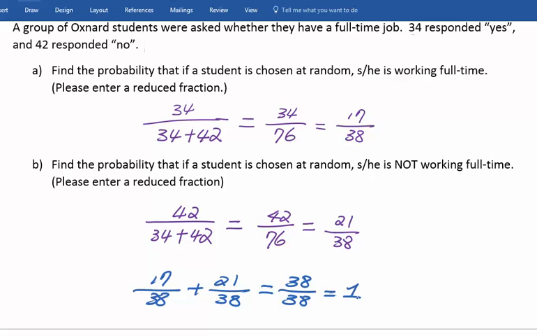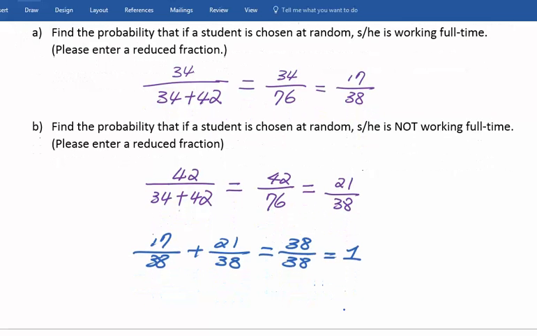You are going to use this knowledge for a later calculation. But notice that if I sum up those two probabilities, I have a 1. 1 does represent 100%. So we are 100% certain that when we choose a student, the student is either going to say yes or no in this situation.